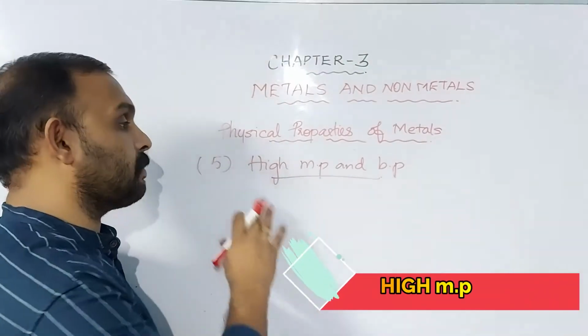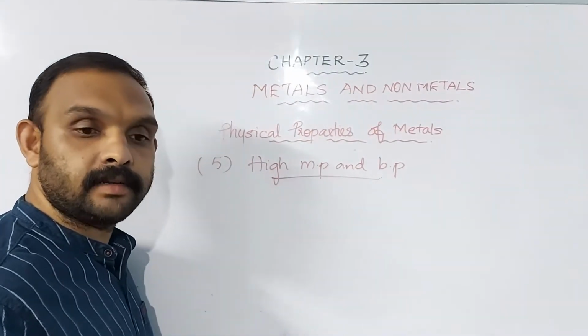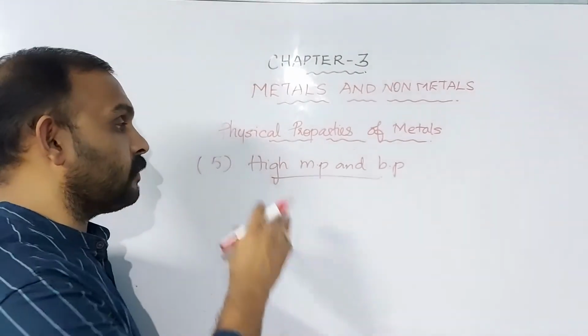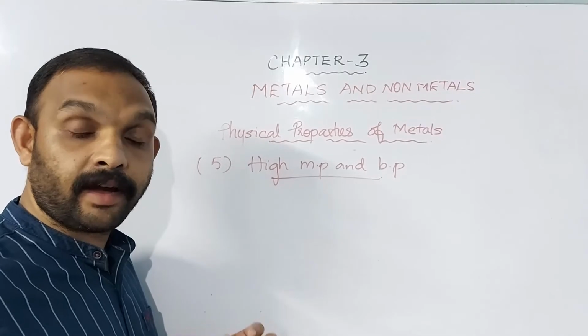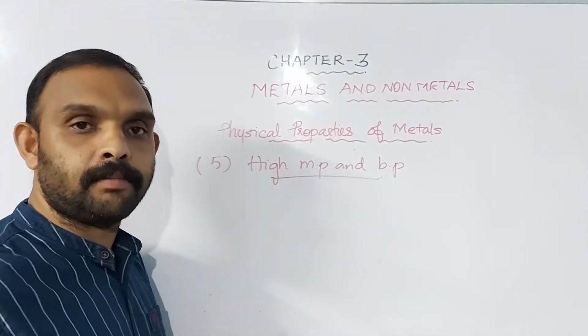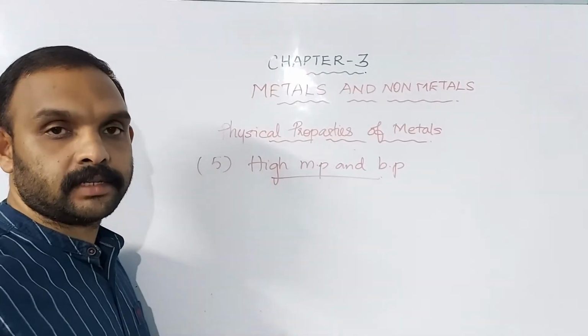The fifth physical property of metals is high melting point and boiling point. This is because of the strong metallic bonding between the atoms of the metals.